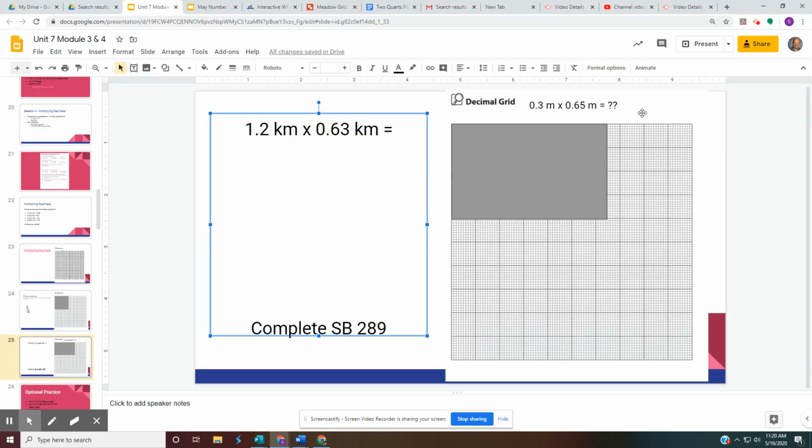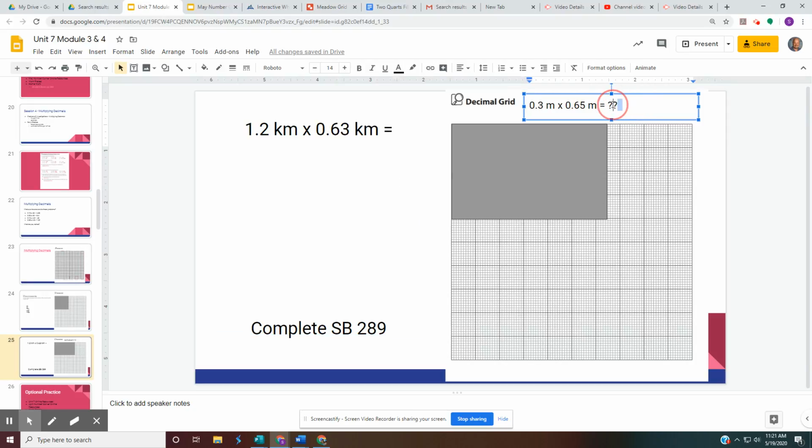So my answer for this problem would be 0.20, okay? But how can I use that information to figure out what 1.2 kilometers times 0.63 would be? It's very similar because I have the 0.3, but 0.65 would be 0.63, so that's a little smaller. Would my answer be greater than or less than 0.20?